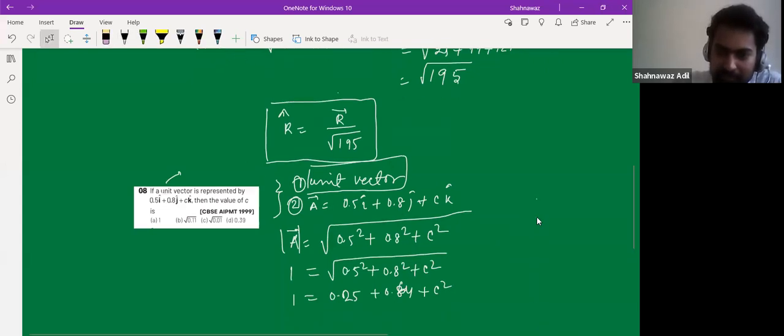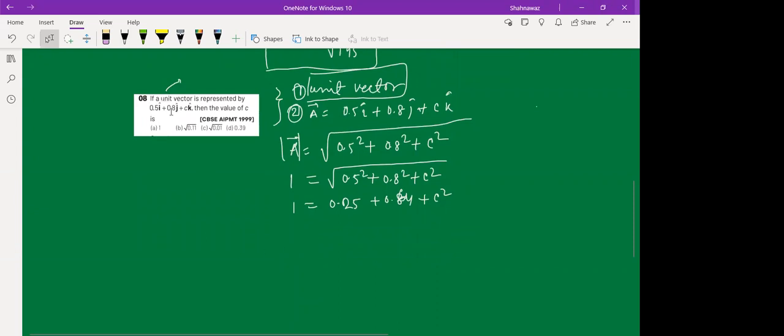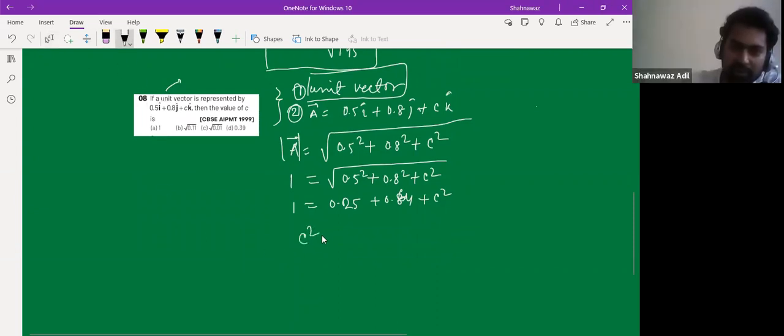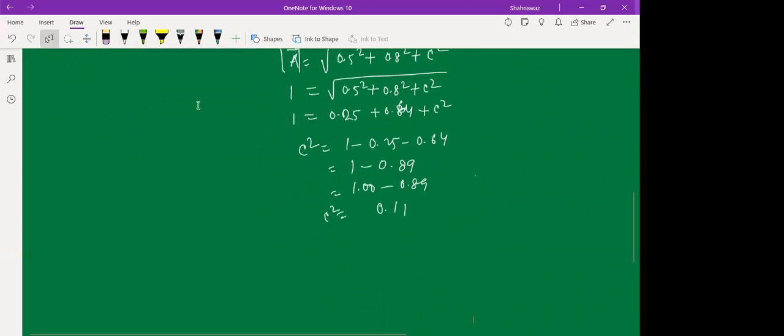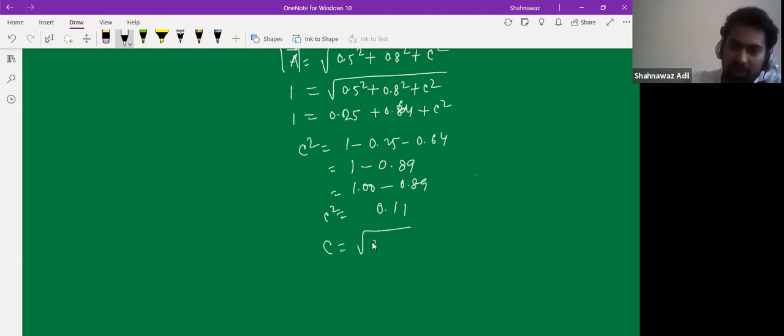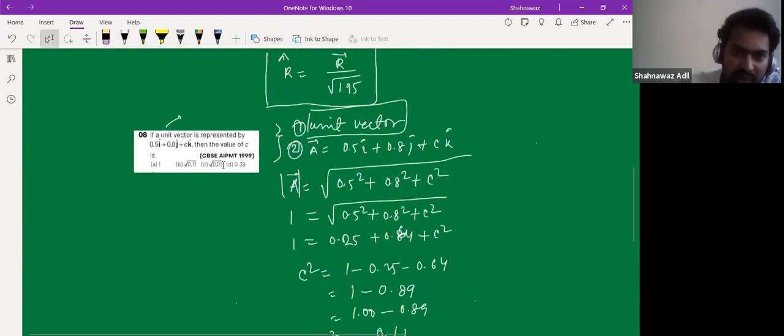So c square is 1 minus 0.25 minus 0.64, which is 1 minus 0.89, so c square is 0.11. So the value of c is root 0.11. So B is the correct answer.